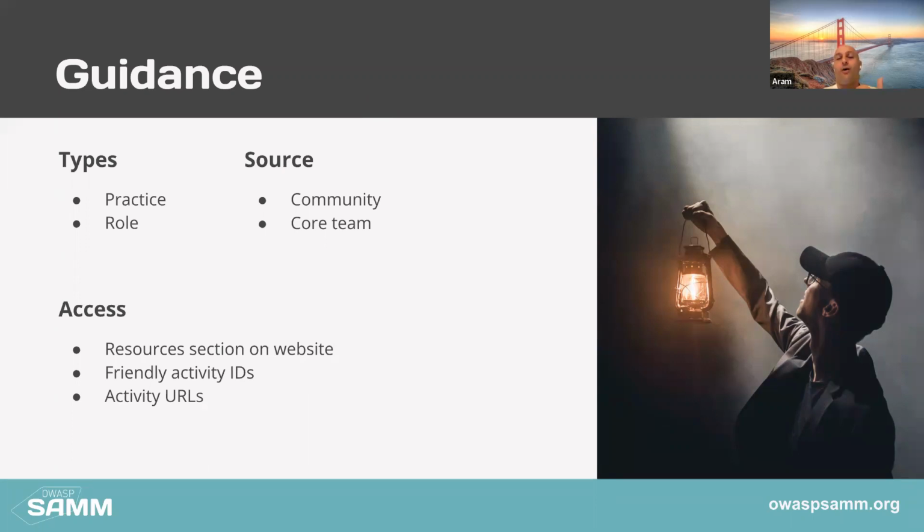And those are OWASP projects and references. So a certain SAMM practice could refer to other OWASP projects and references, or other OWASP projects and references could help you get started and get going. Then mappings to other standards or other models. John will talk about NIST SSDF mappings, but we envision also ISO 27001 mappings.